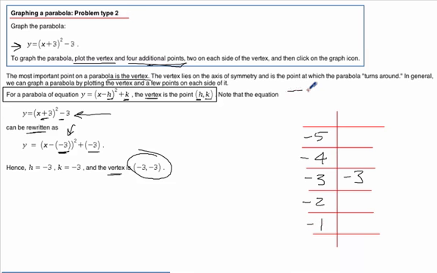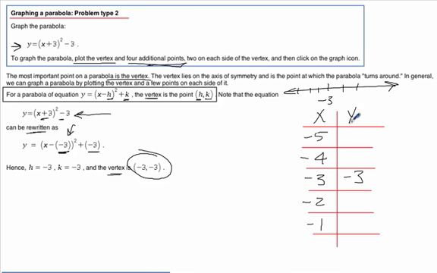Really we're just looking at a number line because we're only thinking about the x values right now. So that would be negative 4, negative 5, and negative 2, negative 1.